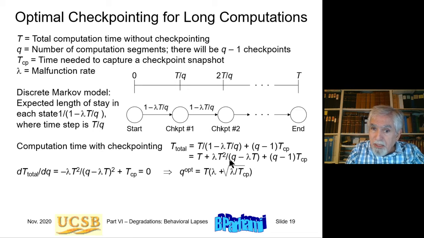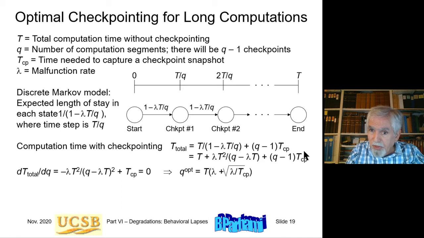Okay, notice that the rollback overhead is inversely proportional to q. So the larger the value of q, the better off we are in this term. This is directly proportional to q. The larger the number of checkpoints, the more overhead. Okay, this term varies inversely with q.